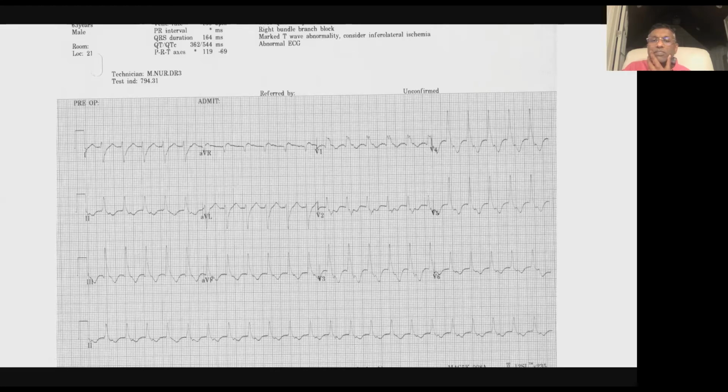So all of this is QRS, from here to here. If you were looking at a telemetry rhythm strip and just saw this and said, oh, looks like a narrow complex tachycardia, you would be completely fooled.